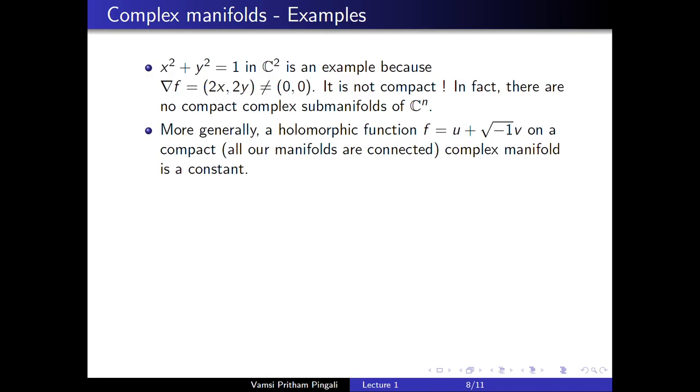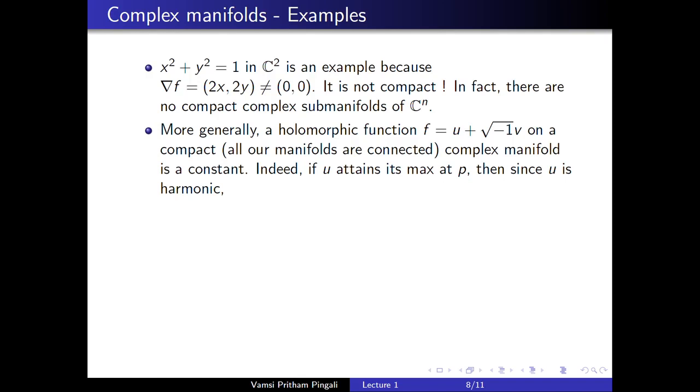Alright, so coming back to this, how would you prove this sort of a fact? Suppose u is a real valued function on a compact topological space, so it achieves its maximum at a point. Now here comes the punchline. If you take the real part of a holomorphic function in one complex variable, it's harmonic, meaning the Laplacian of it is 0, right?